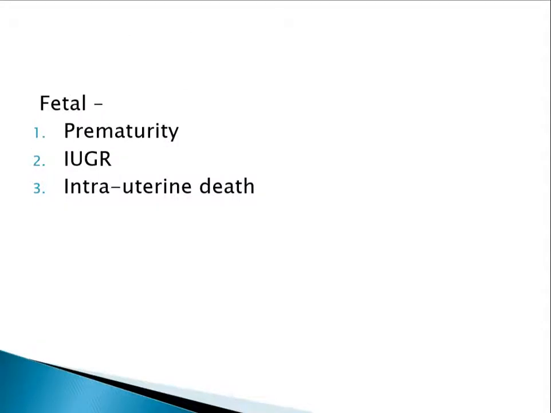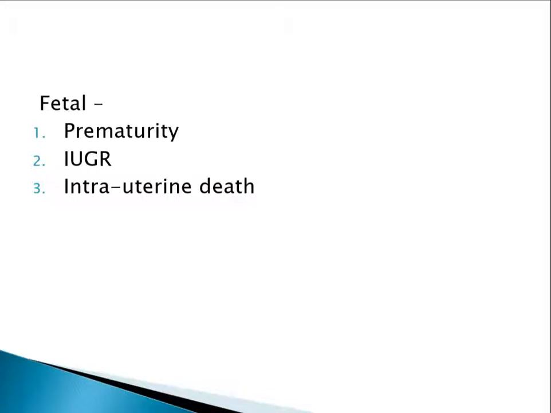Then what happens to the fetus? Most often the fetus is delivered early, because the patient goes into spontaneous labor because of a complication, or because we induce labor in order to save the mother. Say, for example, if the mother has developed HELLP syndrome, or if the mother has developed eclampsia, there we do not want her to continue the pregnancy.